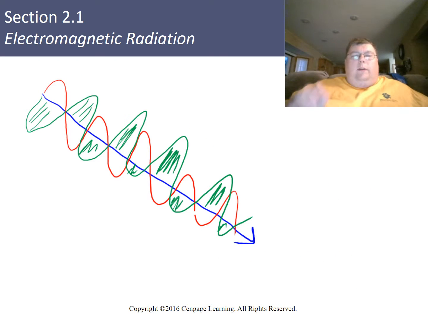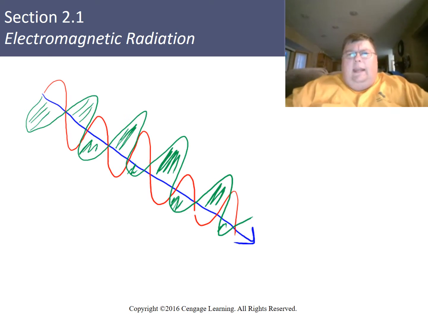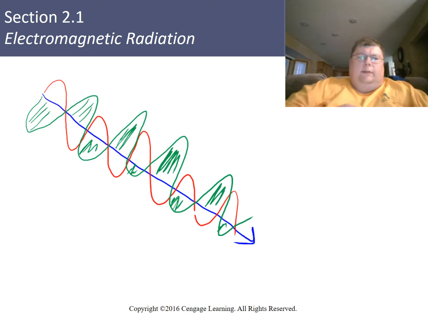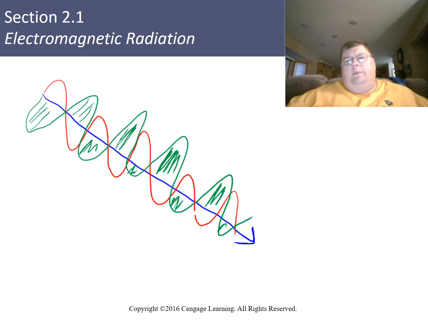Now, I had talked about what electromagnetic radiation was, that it was an electric field and a magnetic field. And I think this is actually kind of an important thing to notice, okay? So if I've got a wave propagating through space, it's going to have both an electric and a magnetic component.